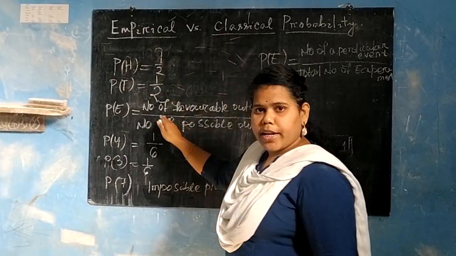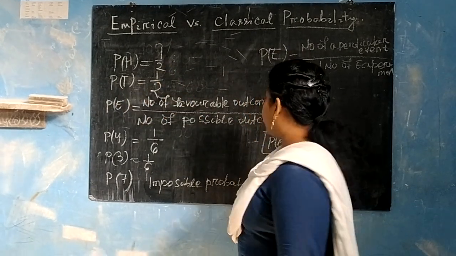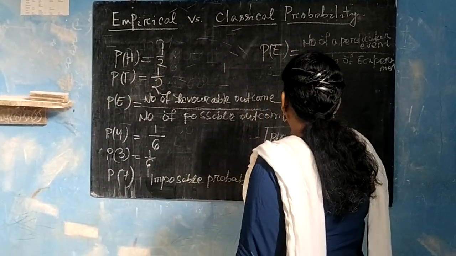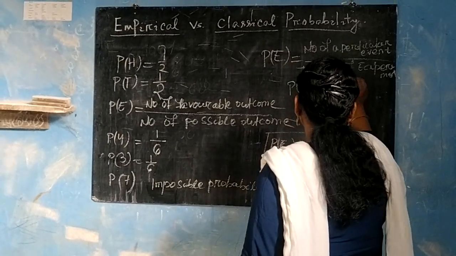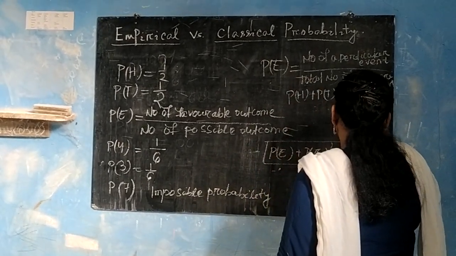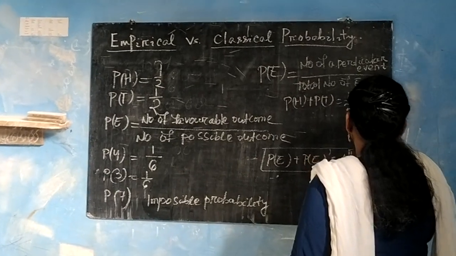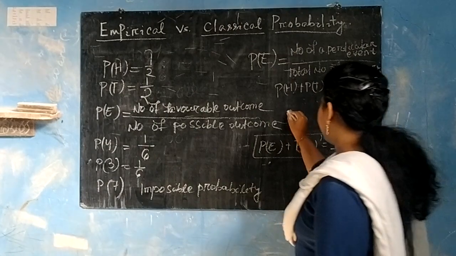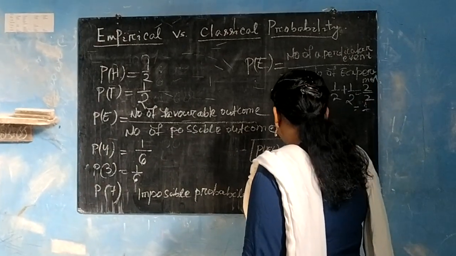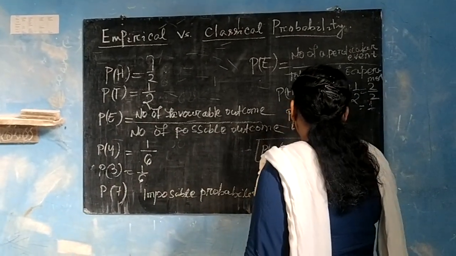Okay. So in this case, look here, P(H) plus P(T). P(H) is equal to 1 by 2 and P(T) is equal to 1 by 2. When we add P(H) plus P(T), we get 1 by 2 plus 1 by 2, which is equal to 2 by 2, which is equal to 1. In this case, we can also write P(E) plus P(E dash).